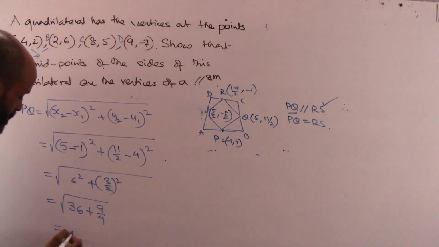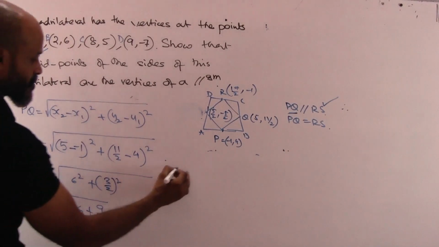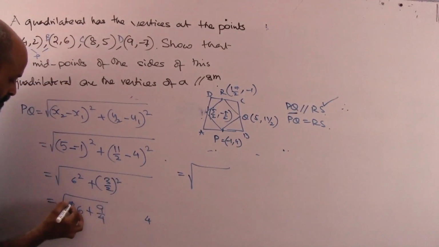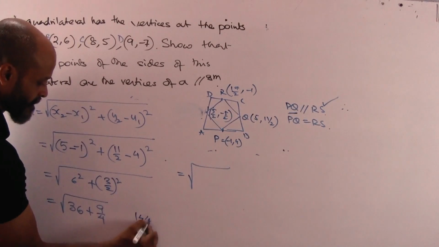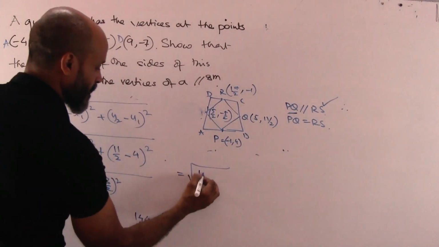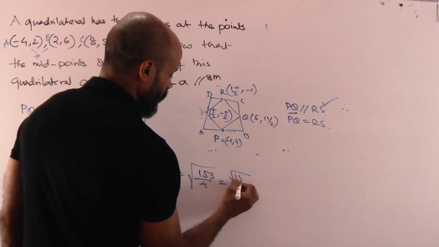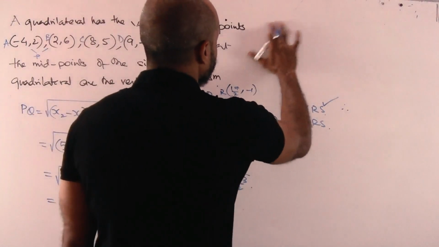That's going to be how much? 6 4s are 24, 3 4s are 12, 13, 14, 144 plus 9. So this will be 153/4. So that's going to be under root 153 by 2. That's PQ.